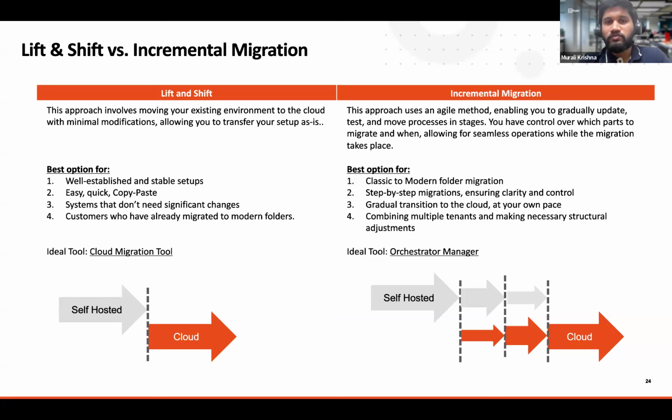Let's say a customer is migrating queues; they can migrate only queues at a time, not all the data. So they will have a clear understanding of what they are doing instead of doing bulk data at a time. And if in the customer environment there are multiple tenants and they want to restructure the data from on-premises to cloud, that can also be done with the orchestrator manager incremental migration approach.